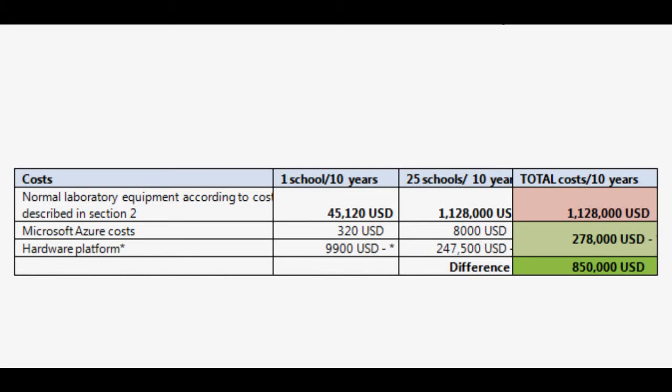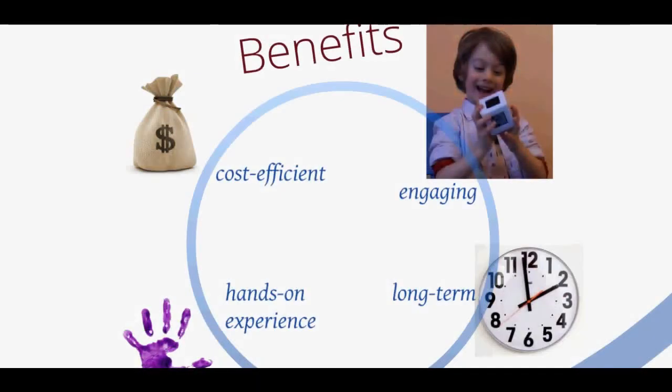Also, looking at normal laboratory equipment and our solution with the IQubes hardware platform, our solution is $850,000 cheaper when we look at 25 schools in a time span of 10 years. First, it's a cost-efficient solution.